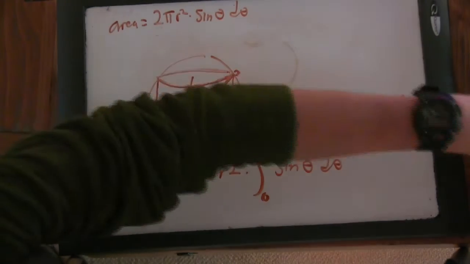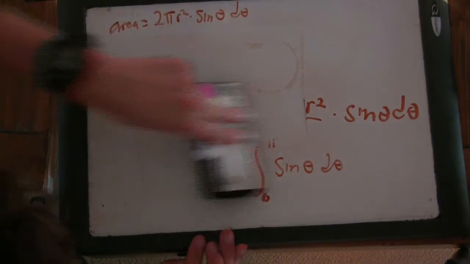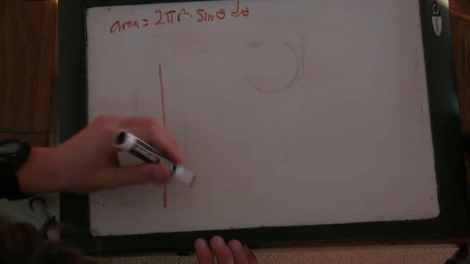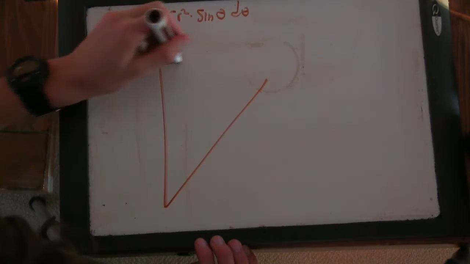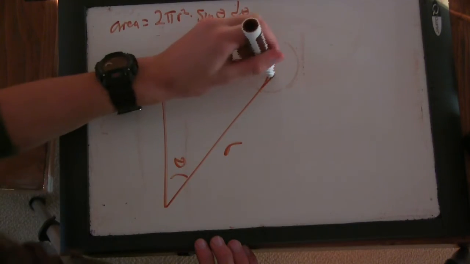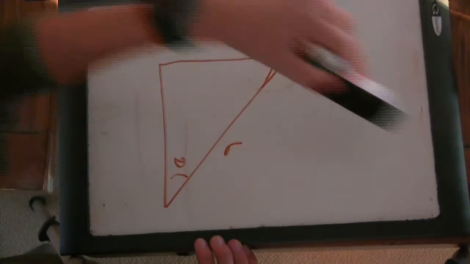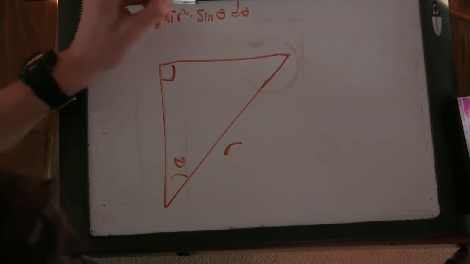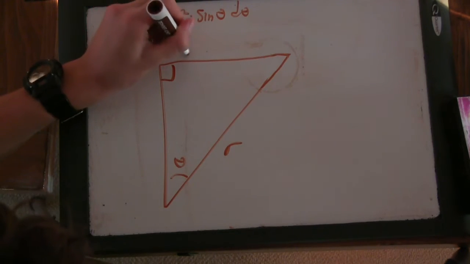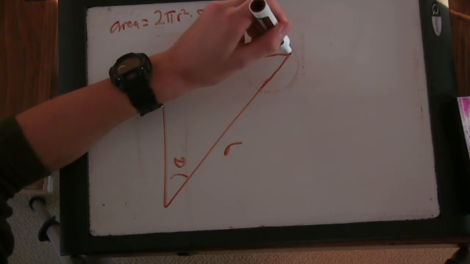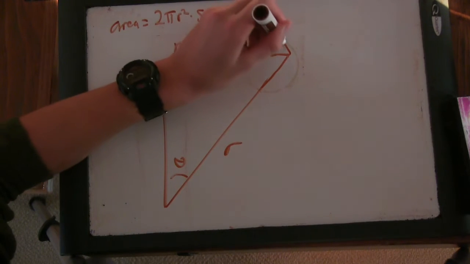Okay. So I'll draw a new picture. So we have our triangle. We have theta, r, and a right triangle, and this is r sine theta. So to look at our ring, we can look at what the sphere is like nearby.